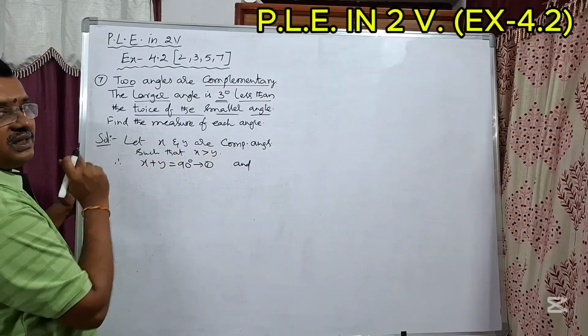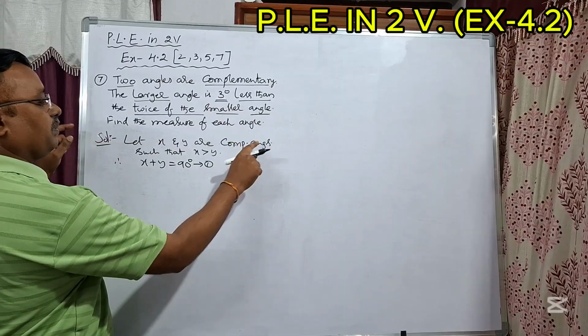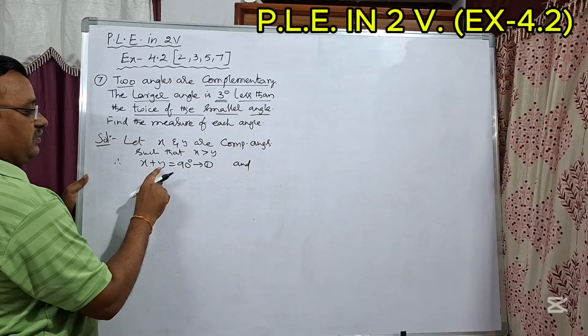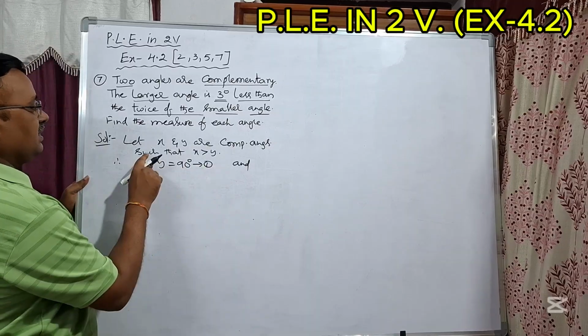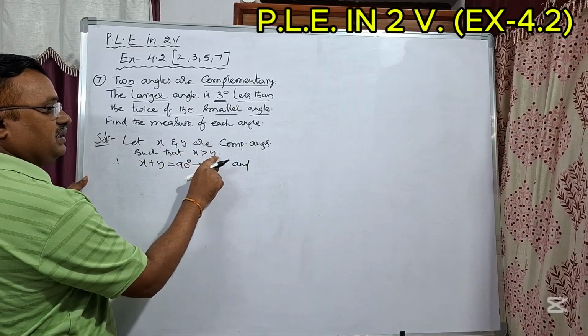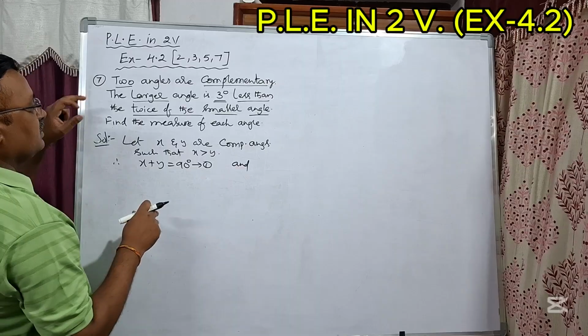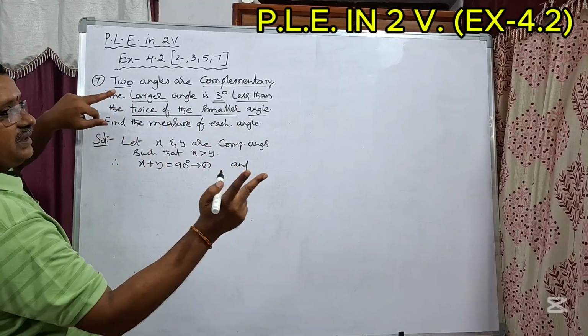This is our consideration, Nana, for our convenience. So, from complementary, we have taken the first condition as x plus y equal to 90 degrees, first equation. From this extra consideration, x is bigger, y is smaller according to us. So, use that for the second condition to get the second equation.